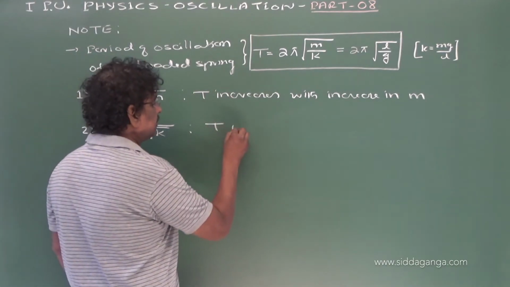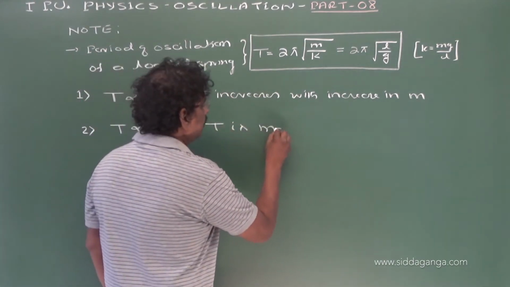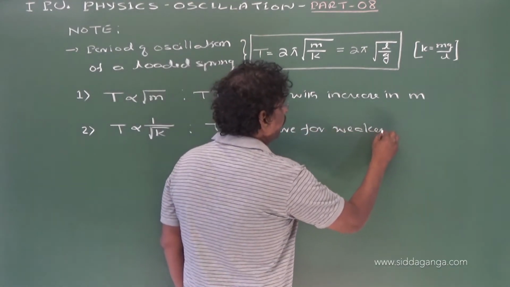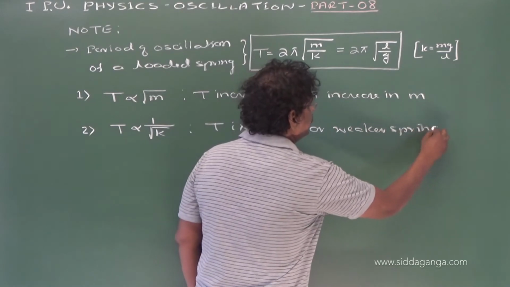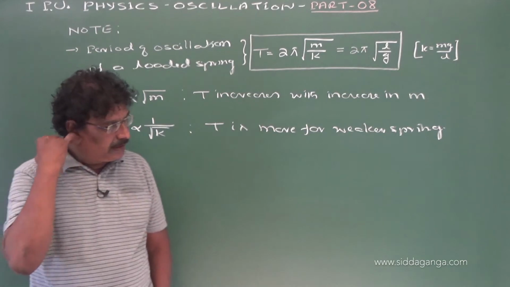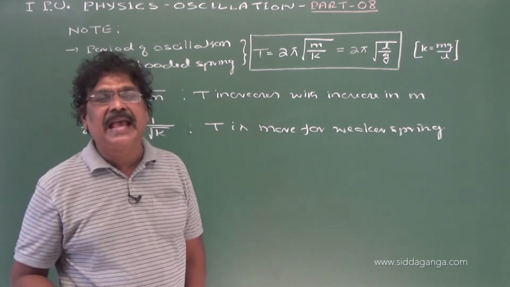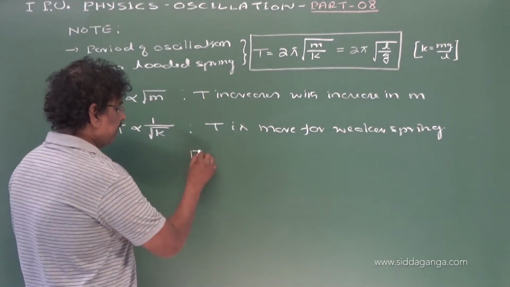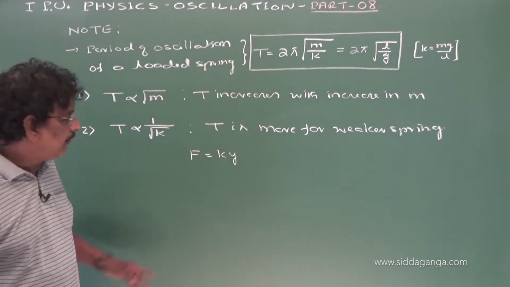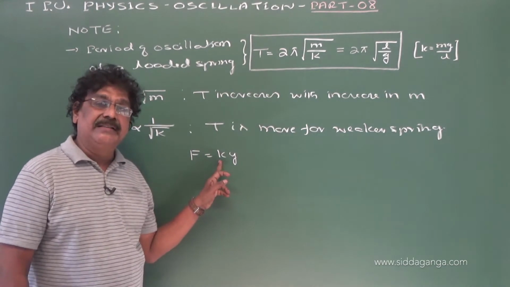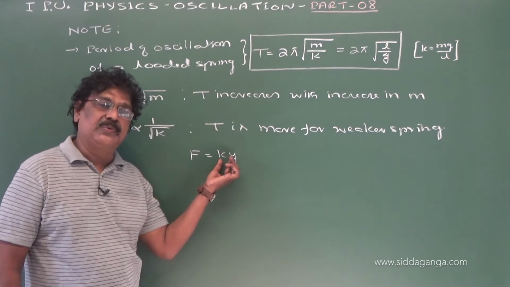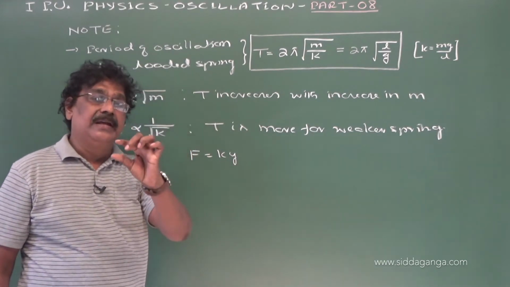Now T is more for a weaker spring than a stronger spring, right? That means if the value of k, where F is equal to ky, is very high, then a large force can produce only a very small displacement.